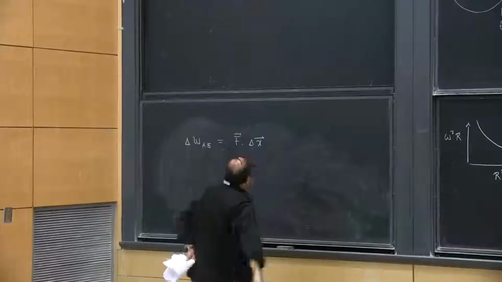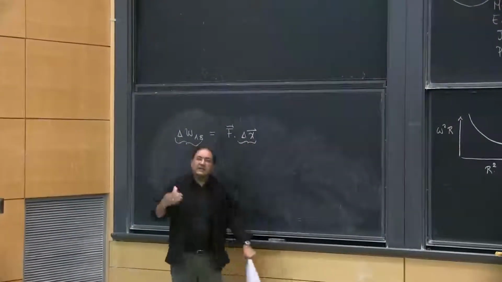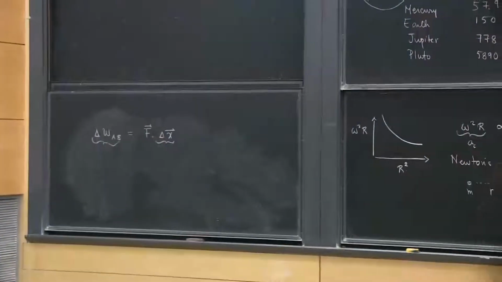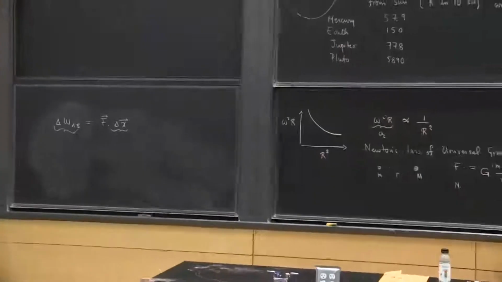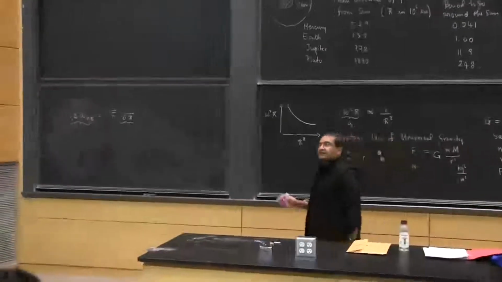When I write delta W_AB or delta x, physically what I mean is that these are small quantities. That big delta is not being multiplied with things. It is a symbol that says this is a small quantity.